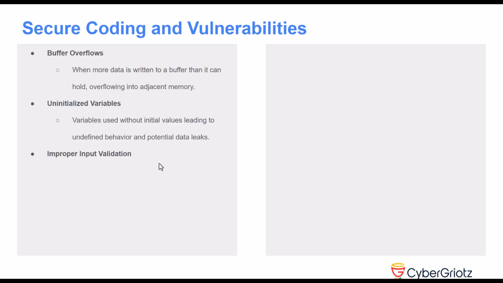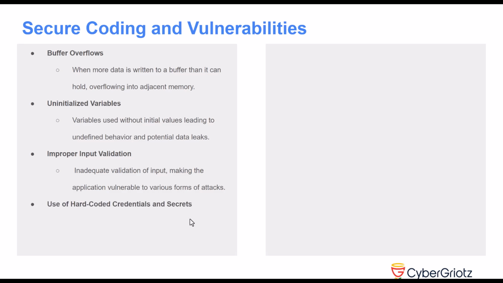We can also talk about improper input validation. This is where inadequate validation or sanitization happens, and therefore client supplied data can lead to vulnerabilities and attacks within your application. And then we can talk about the use of hard-coded credentials and secrets within your applications. These include embedding API keys, cryptographic keys, or service tokens directly in your source code.